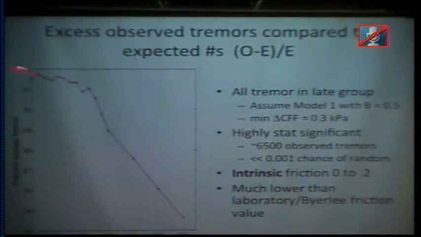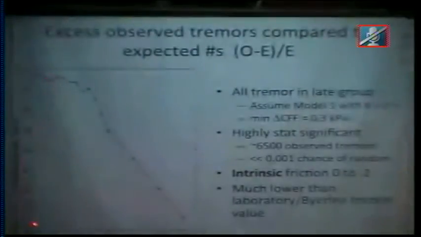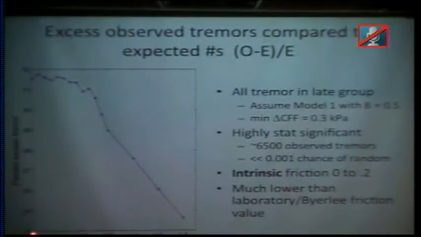Now here I'm showing percent excess tremor, and it gets up to 30% more tremor observed than expected, and I'm showing it versus different friction coefficients.